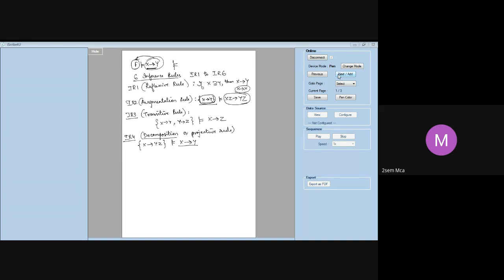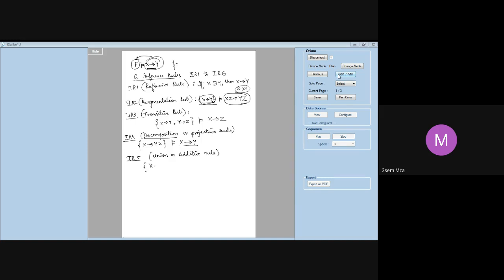Next, IR5, is called the union or additive rule. What does this say?